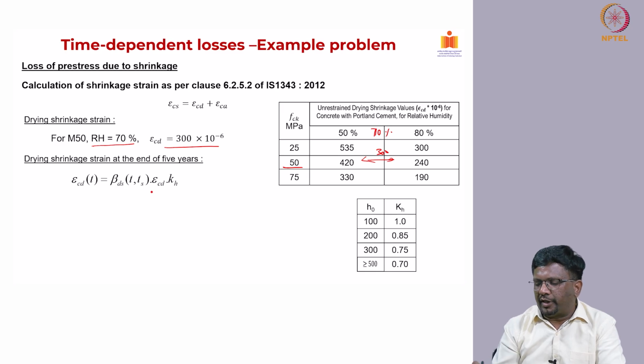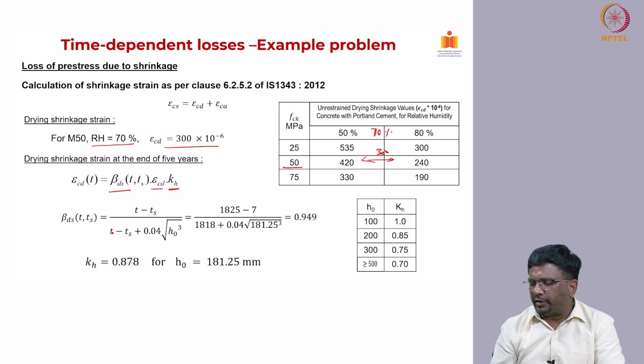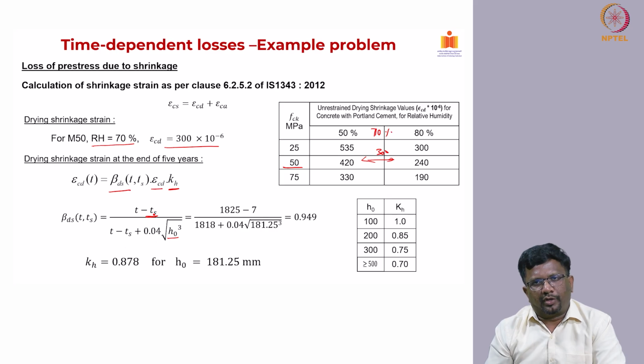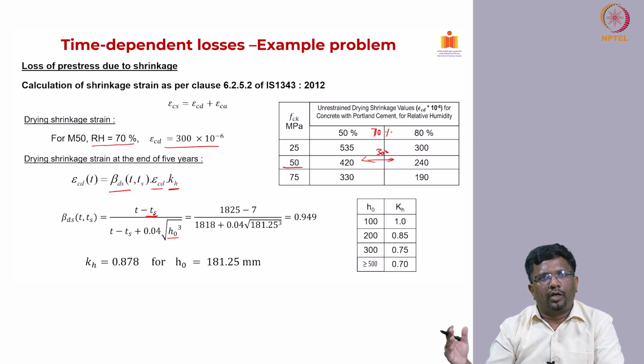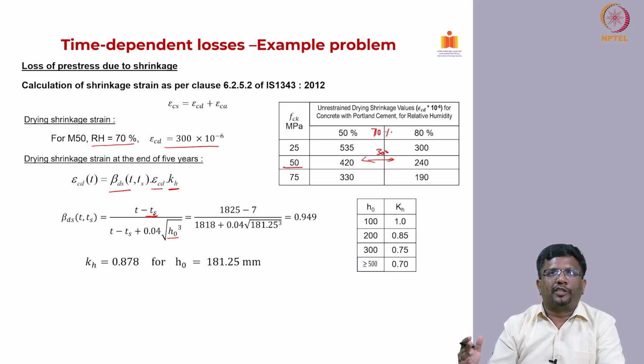So, let's check what reduction factors we get. We got epsilon CD as 300 microstrain. Now, I need to calculate the reduction factors KH and beta DS. Beta DS is a function of your notional size coefficient, and Ts is the time of curing. The larger the time of curing, the beta DS will become less. Less means I have to take only lesser strain for calculations.